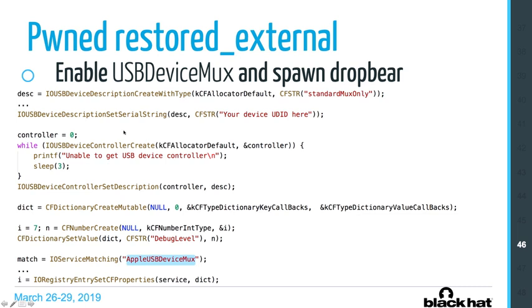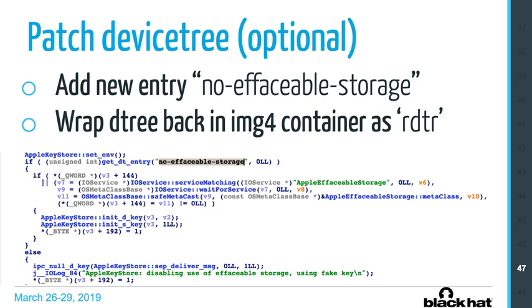The idea is to calculate the UDID of the device and set it as a serial for the USB device description. Finally, create a USB device controller and set the debug level in one of the services to 7. I don't want to really focus on it because the source is available and there is a link at the end of the presentation if you want to know how it works. The idea is to set up the USB and spawn Dropbear, the SSH station.